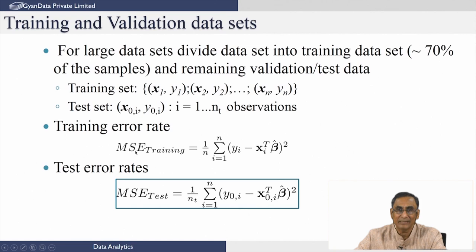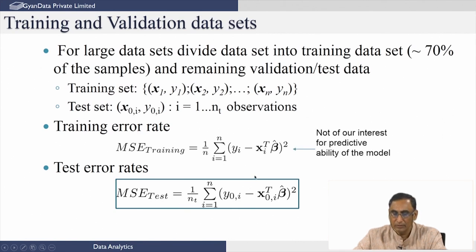You can do a similar thing for the validation set. You take the difference between the observed value in the validation sample set minus the predicted value for the validation samples, square it, sum over all samples and take the average. That is called the mean squared error on the test or validation set.